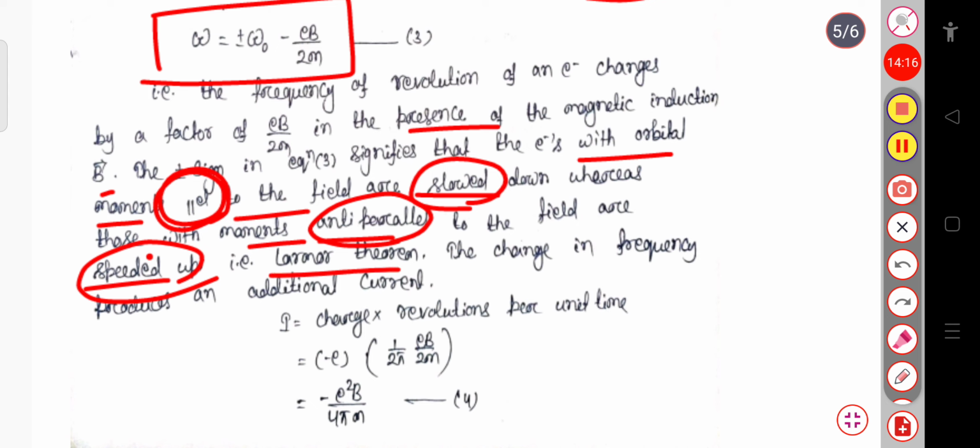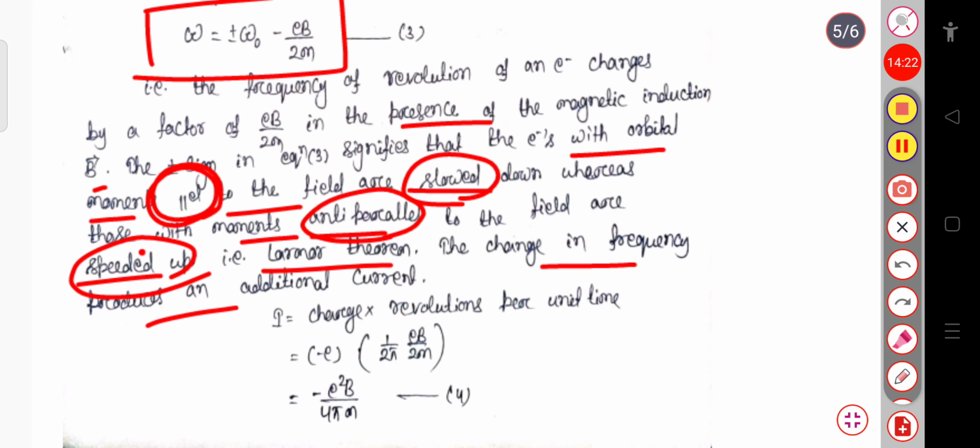The change in frequency produces an additional current. Now if we will calculate that current, then this current will be equal to charge into the revolutions per unit time. So the charge value is minus e into the revolution per unit time will be equal to 1 by 2 pi into EB by 2m.